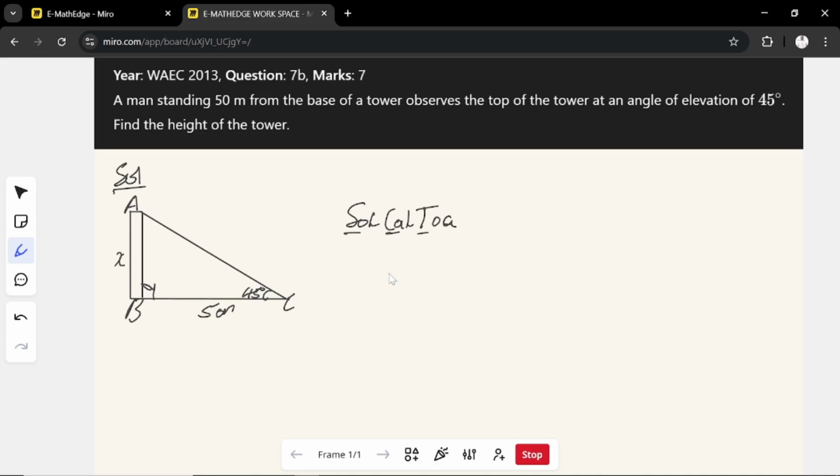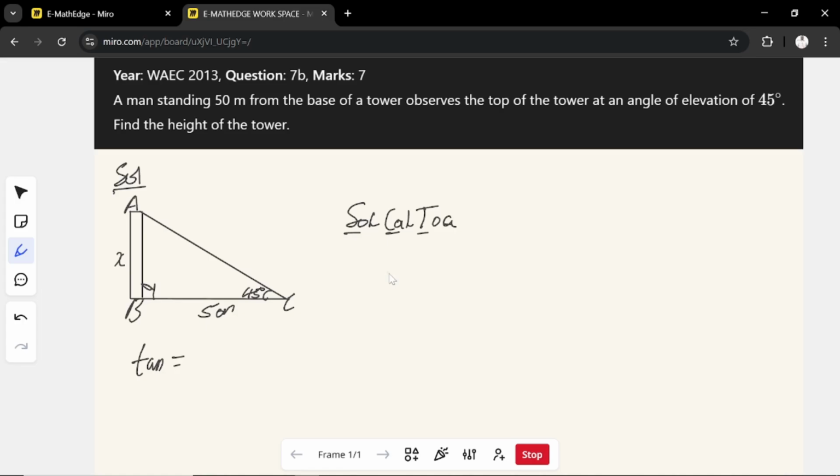And if you observe this angle, the hypotenuse side is not given, and we have to obtain the opposite side, whereas 50 meters is given as the adjacent side. So which of these trigonometry ratio formulas will best solve this problem? In my own opinion, tan theta will best solve the problem.